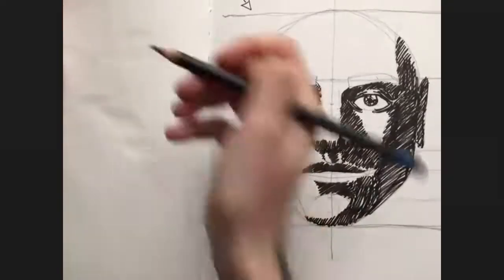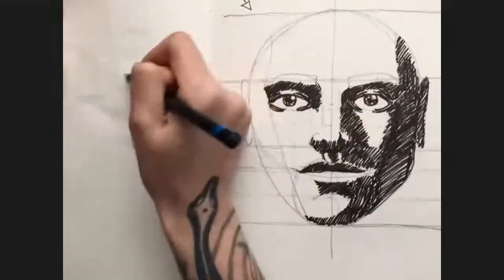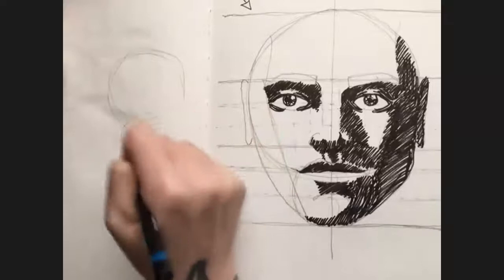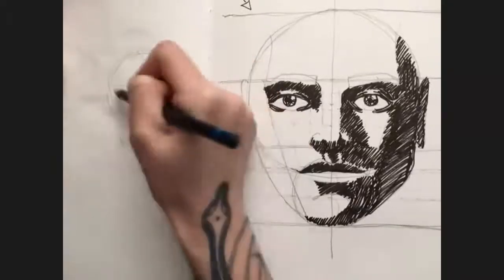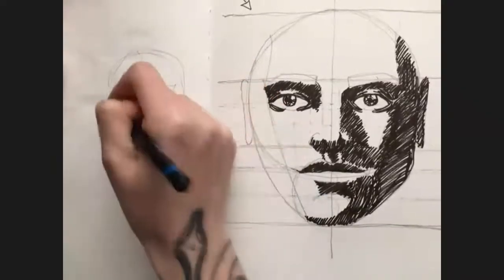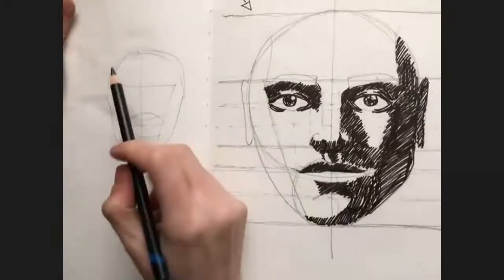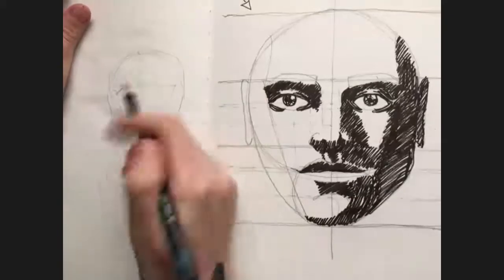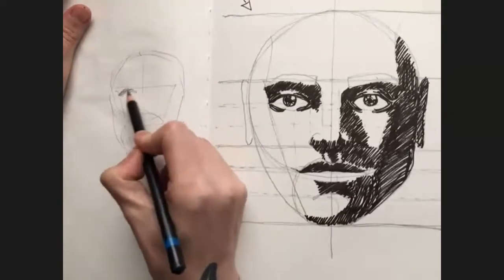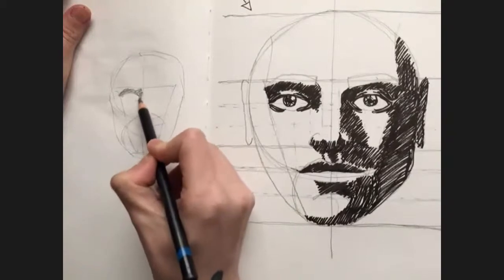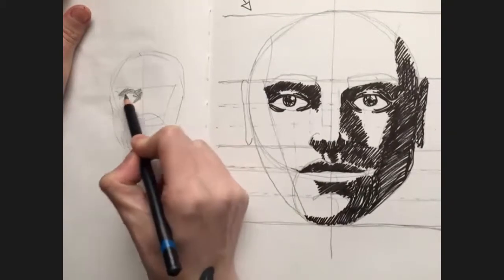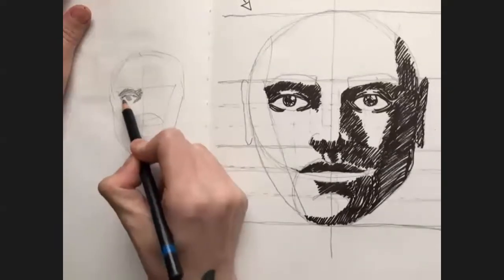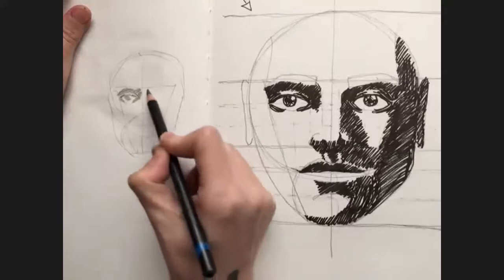So basically what you can do, you just need to have the generic shape of the face just to know how big it is. And then you just start, I'm not doing it too small, copying the shape of the shadows, all with the same intensity.